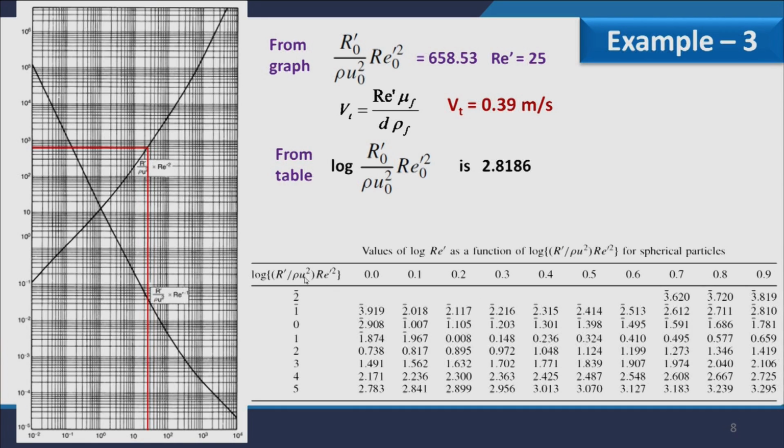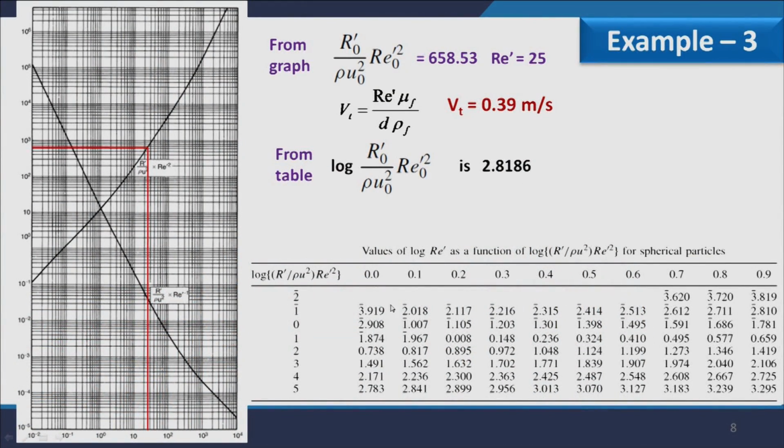If you see, here we have the data of log of rho dash by rho u square by Re dash square, and here also we have the data in decimal form, and all the data shown in this table are basically the log of Reynolds number values. So here we have to find the value of Reynolds number corresponding to 2.8186. We have the value of 2, and 0.8 will lie over here.